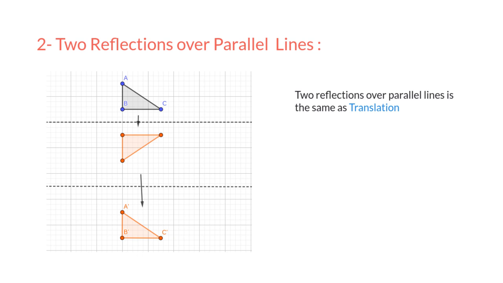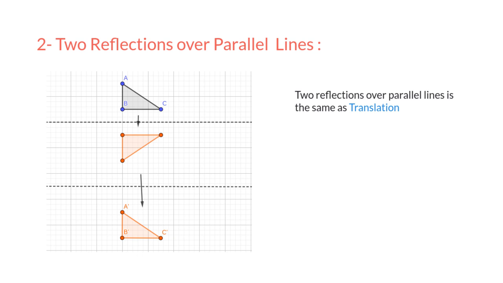And you should notice something. What transformation is the same as going directly from ABC to A prime, B prime, C prime without having to do two reflections? You should notice it's just a translation.